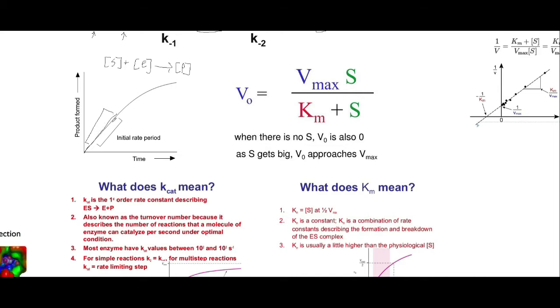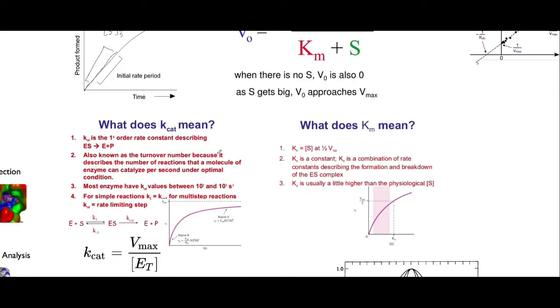We do this at one substrate concentration, then we might increase to a different substrate concentration, then a different one, and we try to get this at multiple different substrate concentrations.